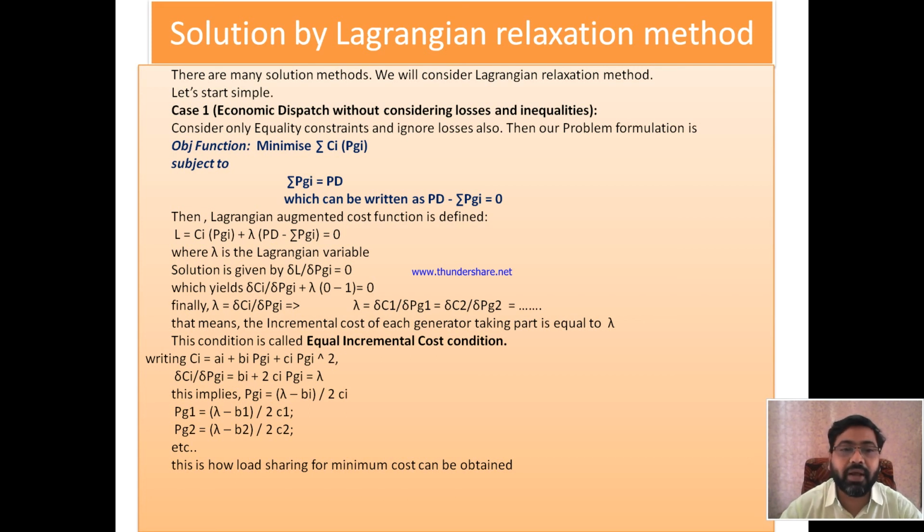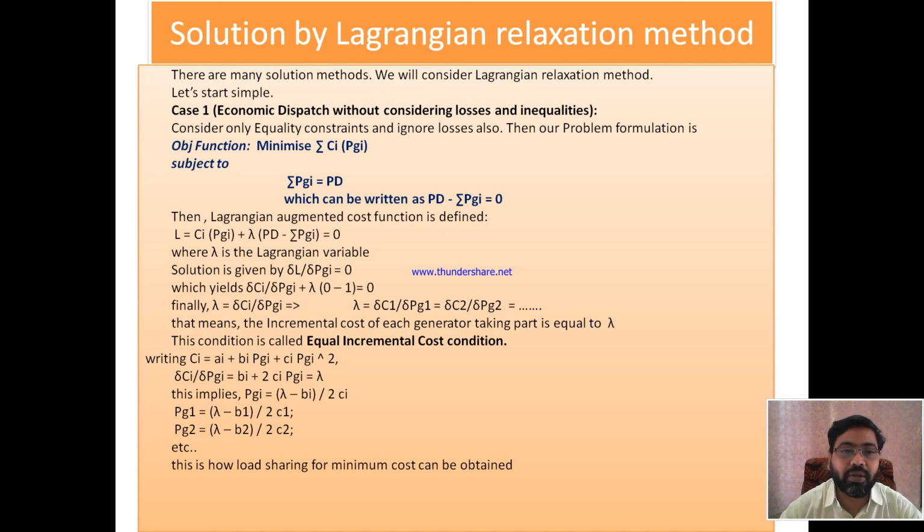If it is multiplied with PD minus PGi, then rupees per megawatt hour multiplied by megawatt will give you rupees per hour. So your Ci also has the unit rupees per hour, and the equation will be balanced according to units and dimensions.